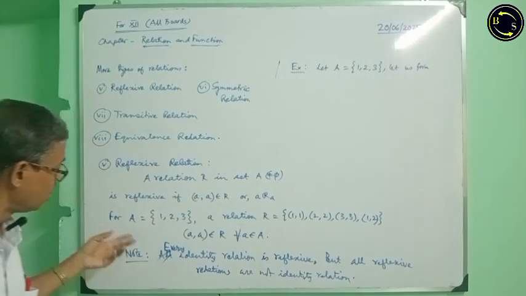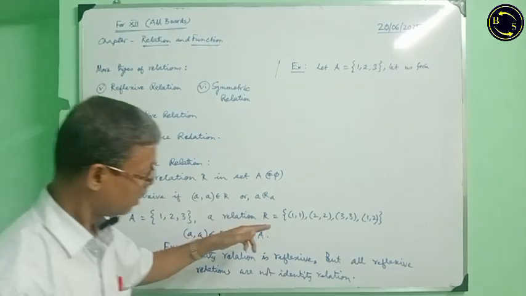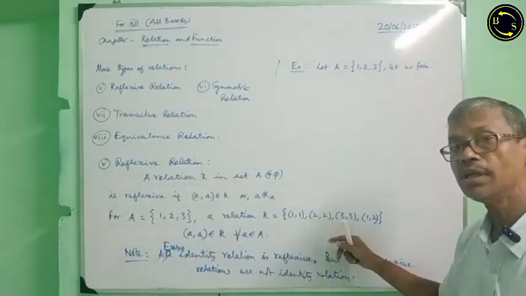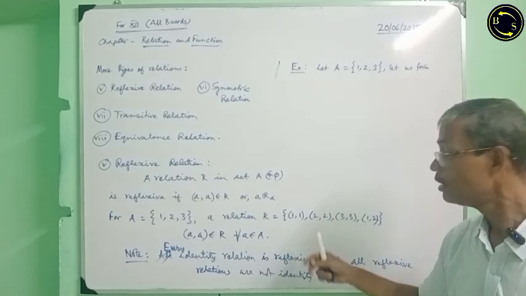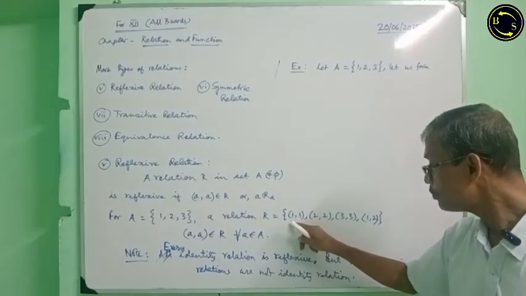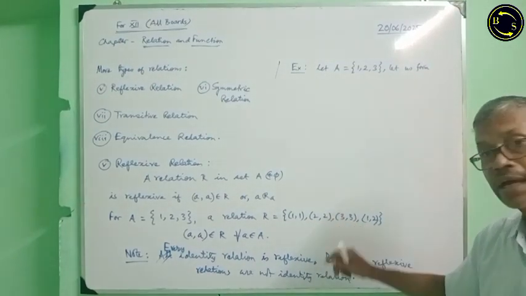Thus, for the set A, I have taken a reflexive relation. You can make other reflexive relations also, keeping these 3 ordered pairs intact.